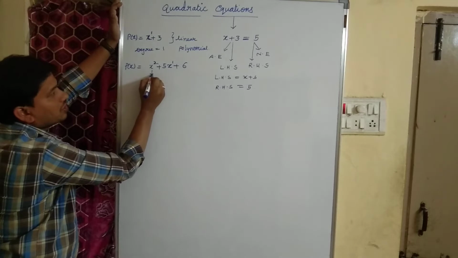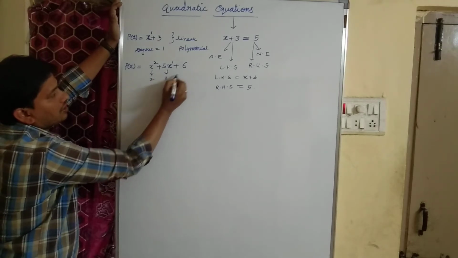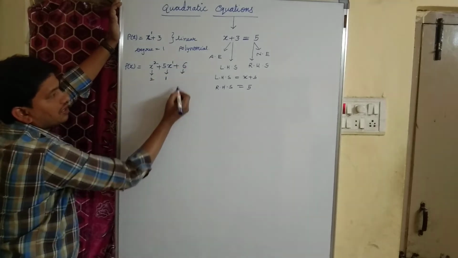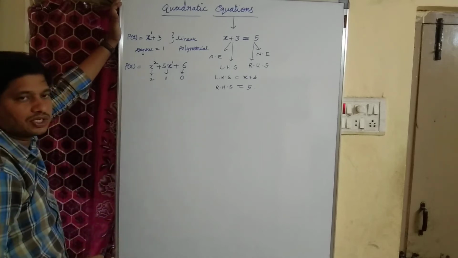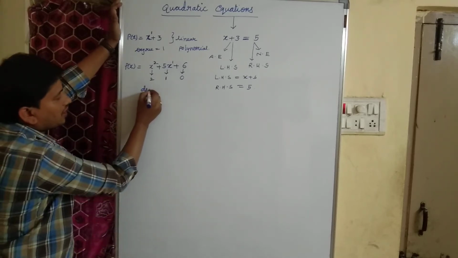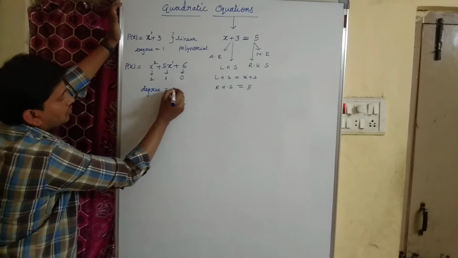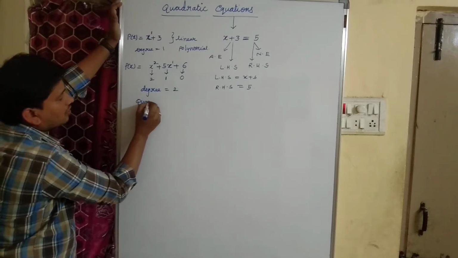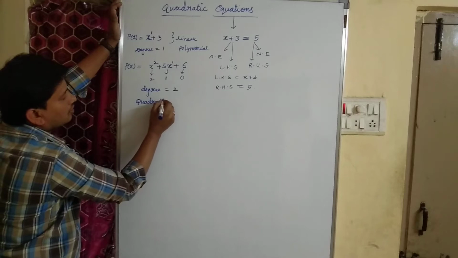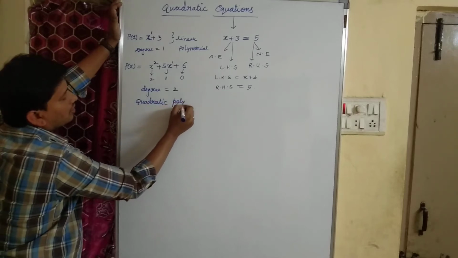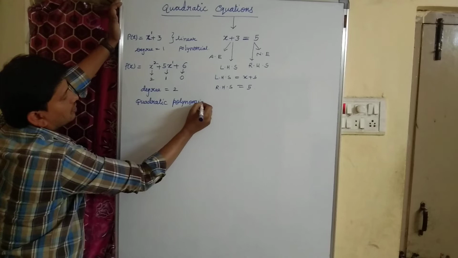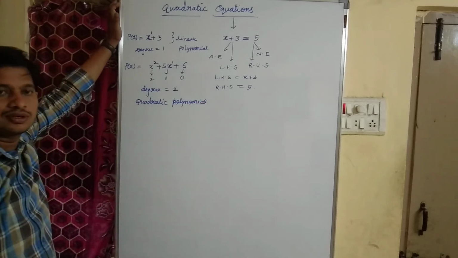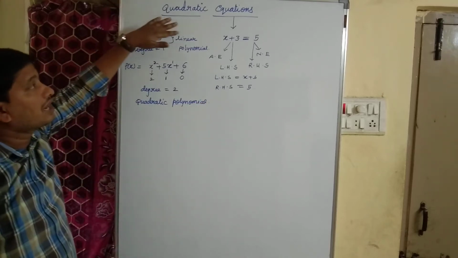Here the highest power is 2, here the highest power is 1. Here this is a constant. Degree of a constant term is 0. So what is the highest degree here? Here degree equal to 2. If the degree of the polynomial is 2, that is called a quadratic polynomial. Right?